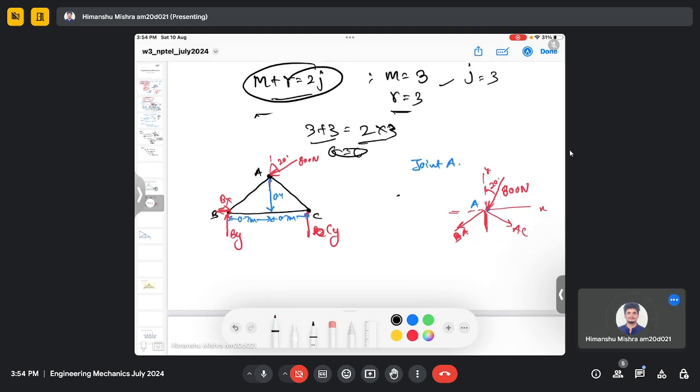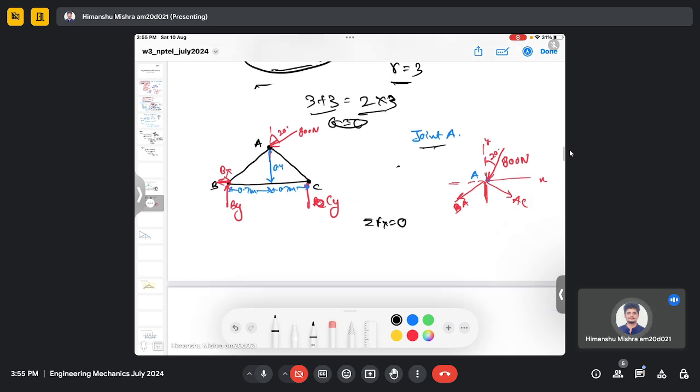Now we can use the force balance equation at this joint. So the summation of forces in the x direction equals 0. It will be minus 800 sine 20, and then there will be components of BA and AC as well.